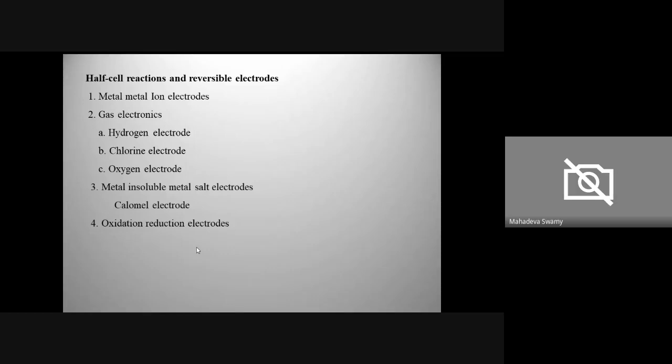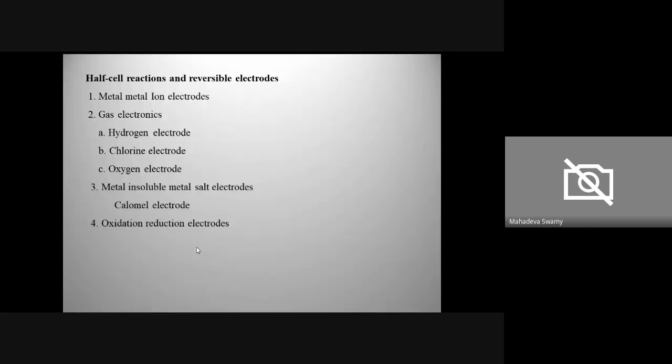Then calomel electrode: determination or estimation of pH, estimation of potential, generally called potentiometric estimation of iron, Fe2+. There we are using calomel electrode as a reference electrode. So this is the best example for metal insoluble metal salt electrodes. Two examples are there. One is calomel electrode: mercury is the metal, then mercurous chloride is the insoluble metal salt.